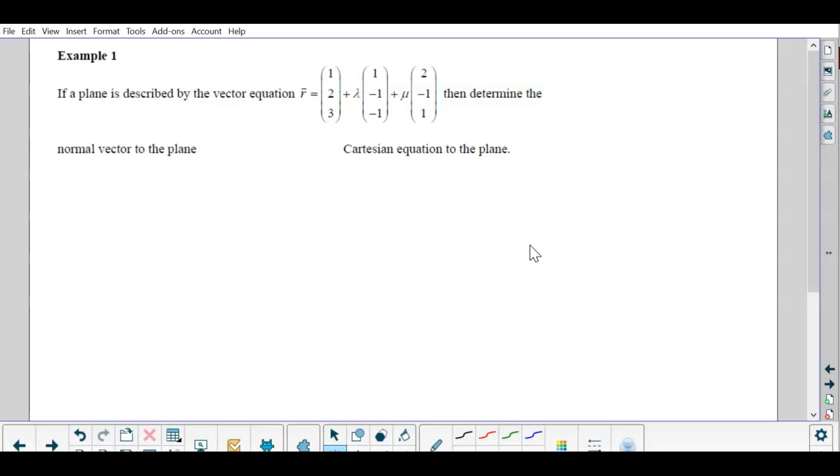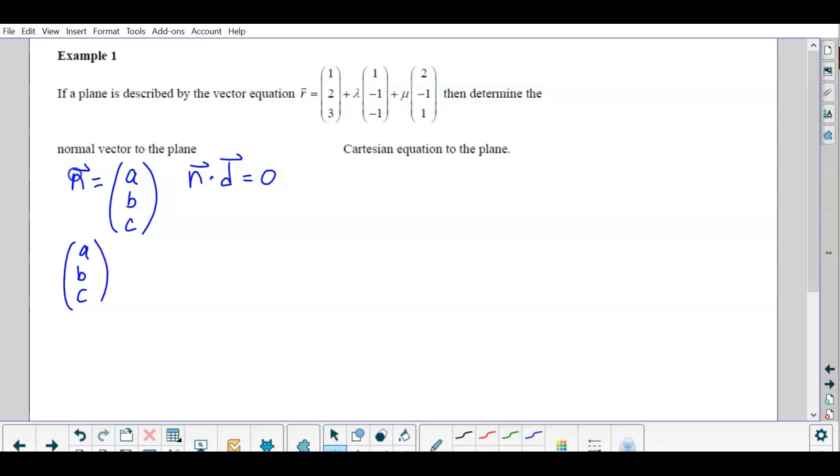Okay, so what we know is that normal is perpendicular. So the dot product of the normal with each direction vector has to be 0. Okay, so what I would do is maybe let n be unknown values, just A, B, C is fine. And so then n with direction vector, each one is 0. So first would be A, B, C, dot product with the first direction vector, 1, -1, -1.